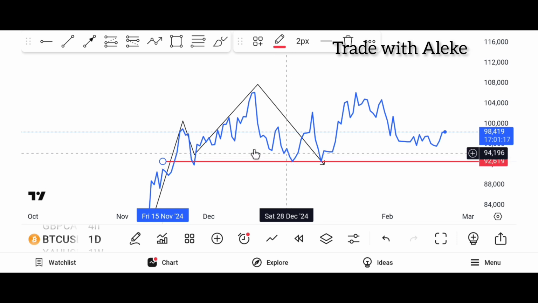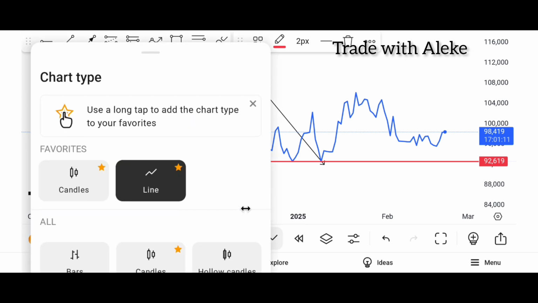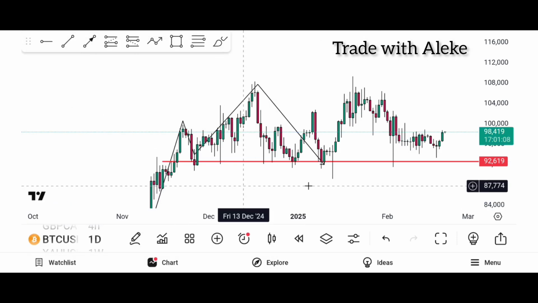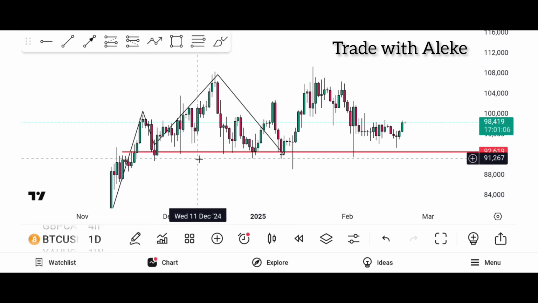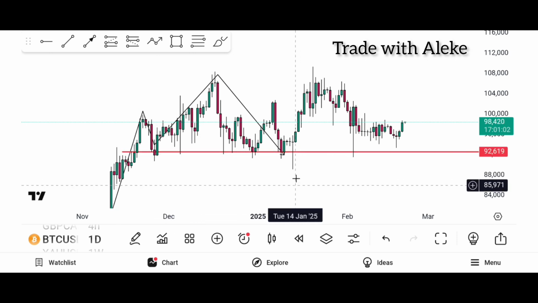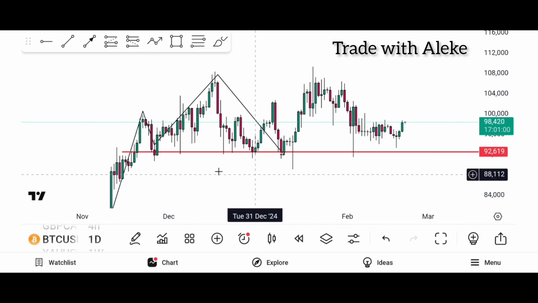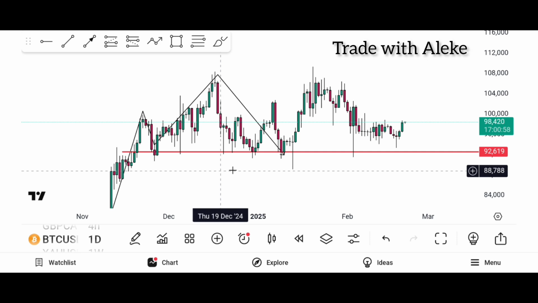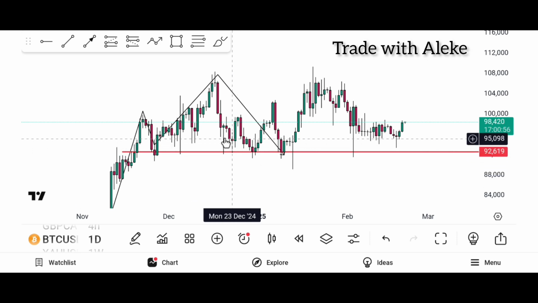So if you go back to our bar chart, you see these places where price, all these ones are just wicks of the candle. Now how do we mark out our area on this particular chart?